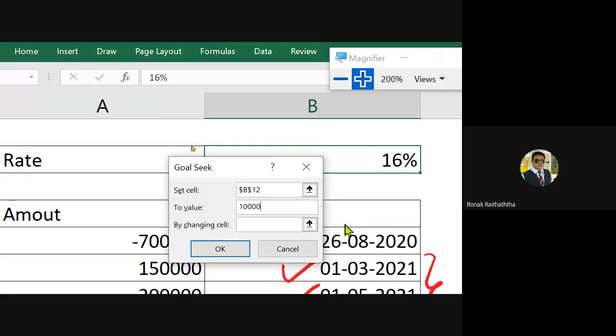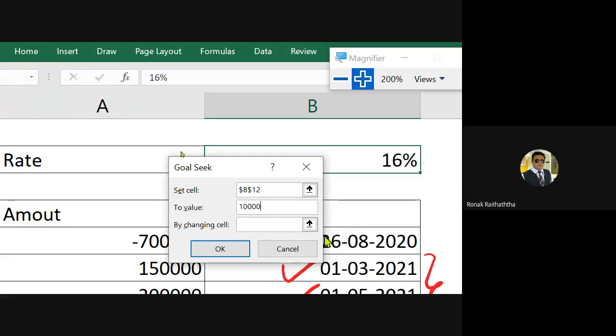Now Excel will ask, you have told me the goal, now tell me which cell needs to be changed to make the goal of 10,000. Can someone tell me? The rate of interest, because we want to change the rate so that my NPV goes to plus 10,000.